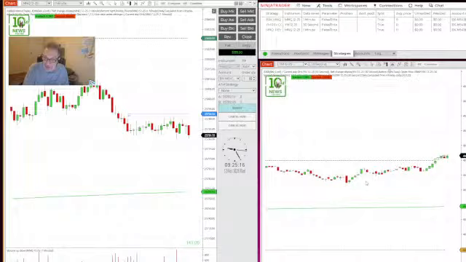It would have been an excellent magnet. It worked perfectly. There's no guarantee we're going to head to the VWAP. You can put a YM VWAP magnet on if you want, or we can wait for a change in direction.